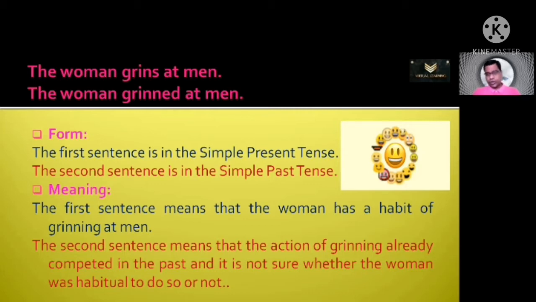And it is not sure whether the woman was habitual to do so or not. But at one point of time in the past, she grinned at men. So this is the essential difference between sentences 1 and 2 as provided here on your screen.